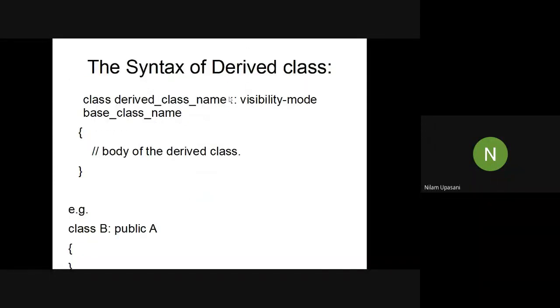The syntax of derived class, how to derive the class, the syntax goes like this. This is the keyword class. This is the name of the derived class. This is the visibility mode in which you want to inherit the base class, and this is the name of the base class. ये syntax हो गया, और फिर ये आपका derived class का definition यहाँ पे.